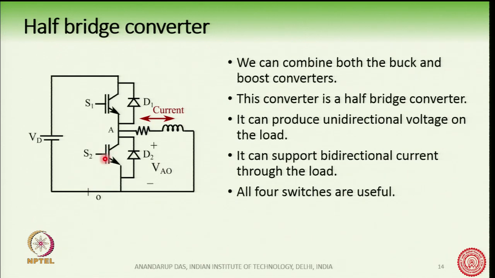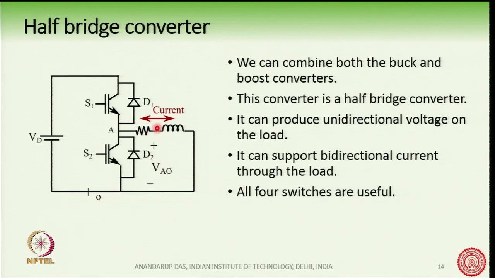When the lower switch is on, the voltage between A and O is 0, and when the upper switch is on, the voltage is Vd. So, the voltage between point A and O is unidirectional.